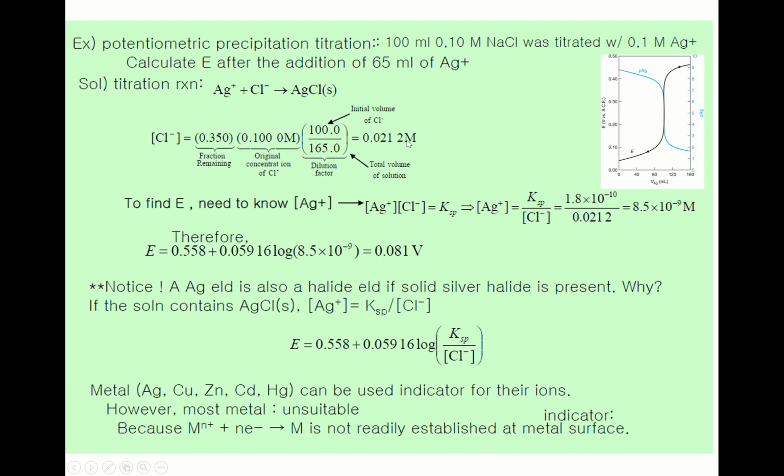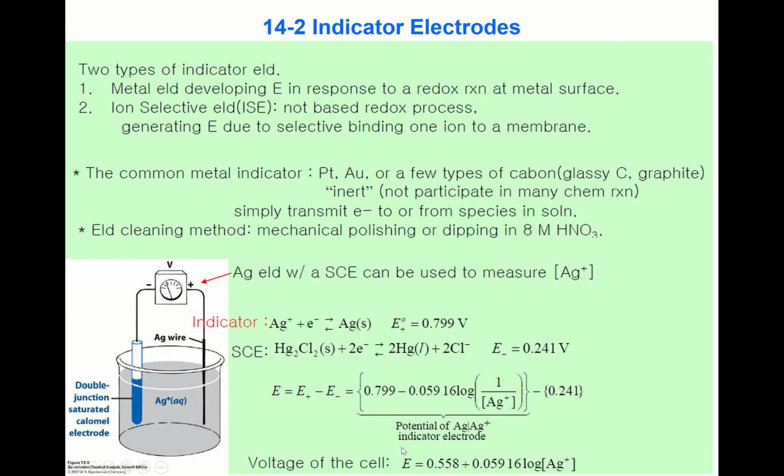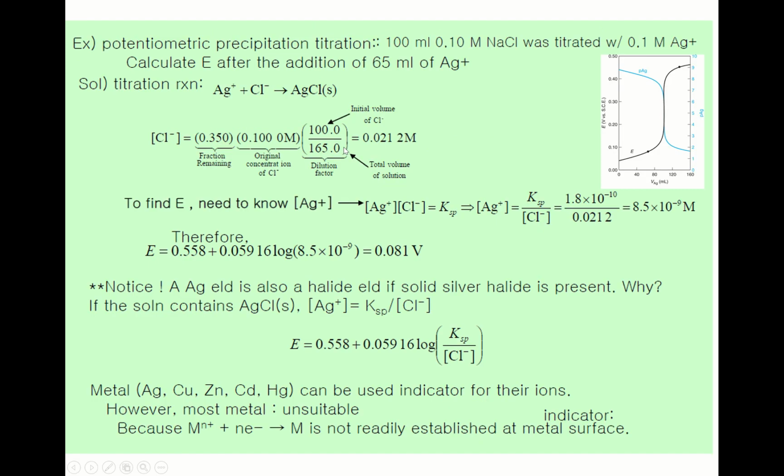Now since the potential only depends on the silver ion concentration, you have to calculate the silver ion concentration from the chloride ion using the KSP. KSP is always the same. KSP equals the silver ion and chloride ion concentration product.